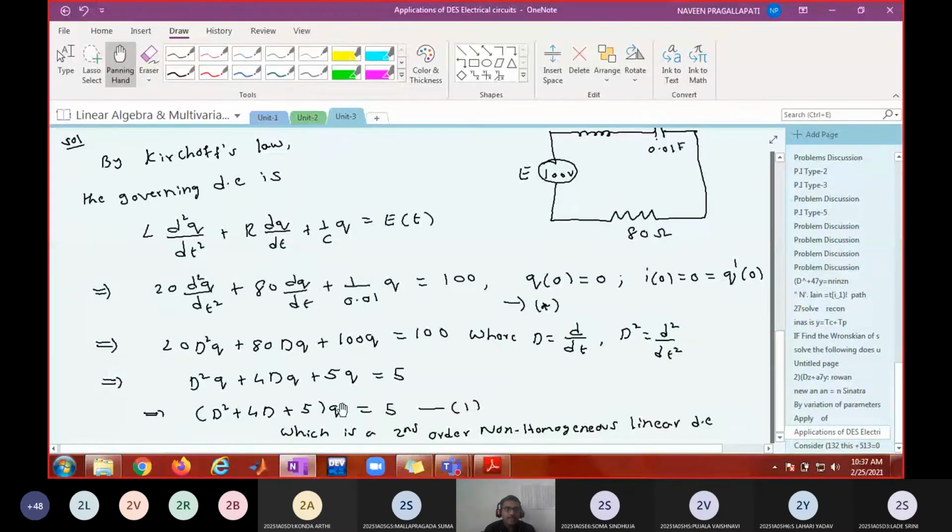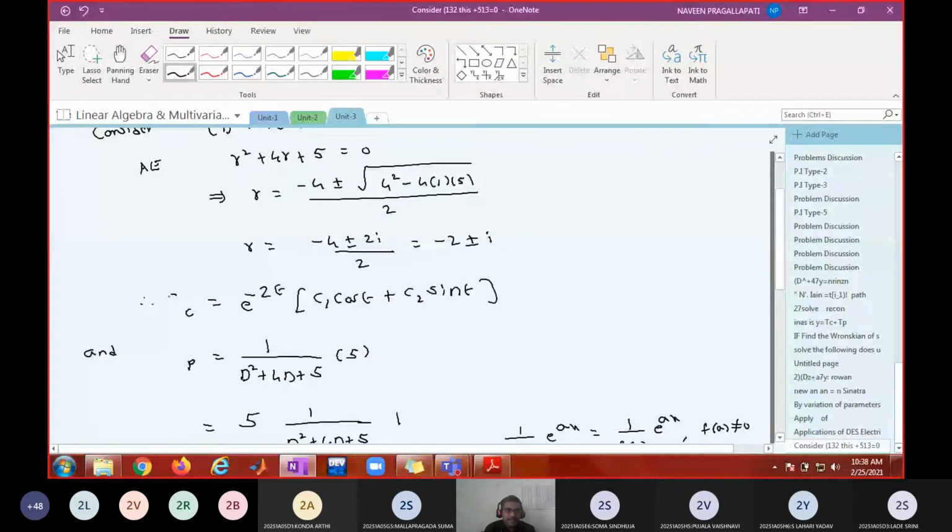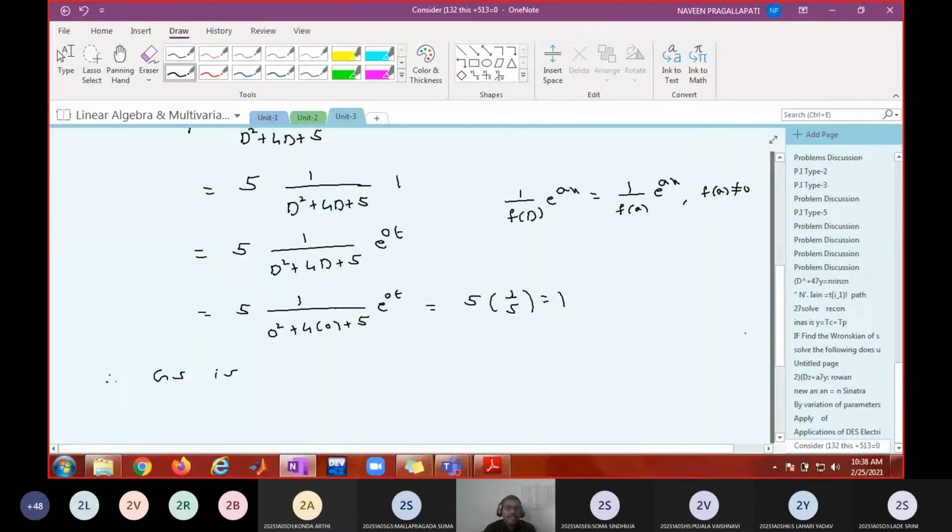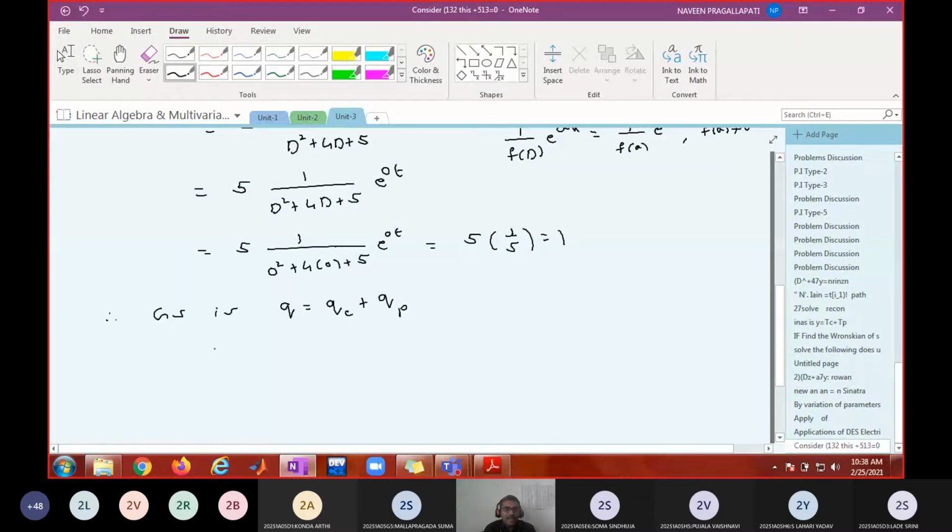Q. So I should write it as Qc, not yc, and Qp. Am I right? Therefore, the general solution is Q equal to Qc plus Qp.